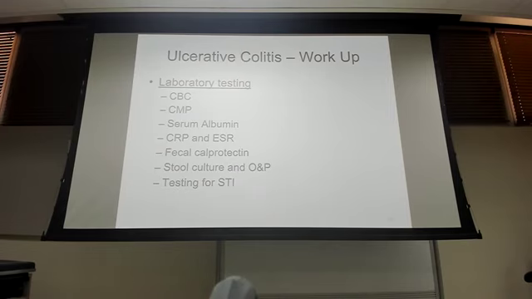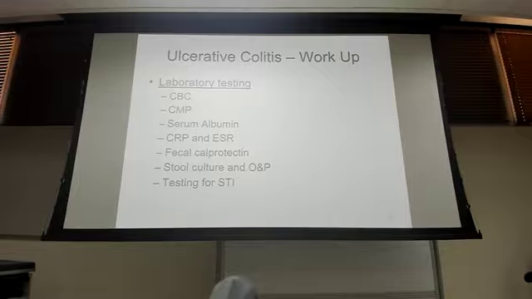How do we work them up? Well, the same way that we did for Crohn's, just a general workup: CBC, CMP, get the protein in the blood, those inflammatory markers, and the fecal calprotectin, the GI-specific inflammatory marker. We can do a stool culture and an O&P. Why?